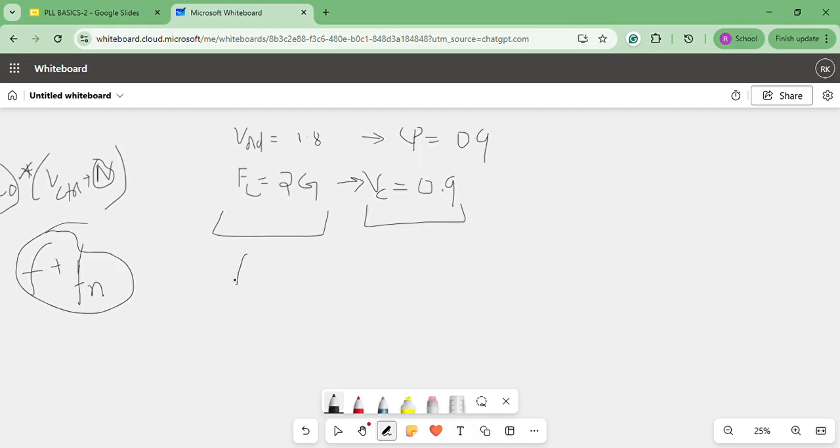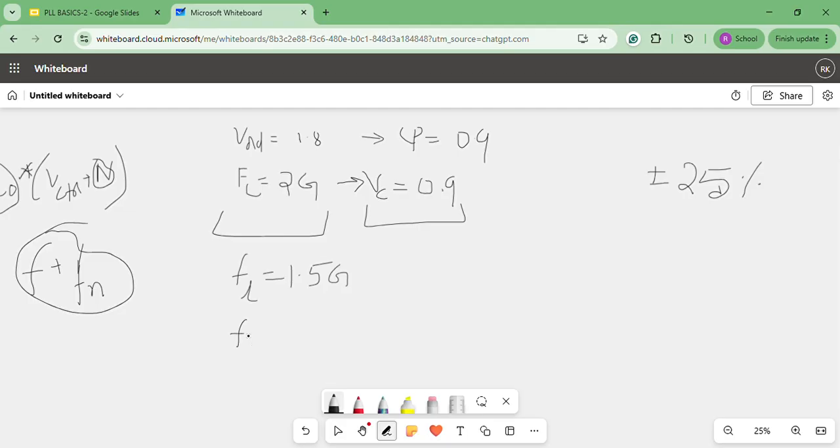Suppose we design our VCO for a range of plus minus 25%. Plus minus 25% meaning what? 2 gigahertz minus 25% of 2 gigahertz is 1.5 gigahertz, which is our lower frequency.